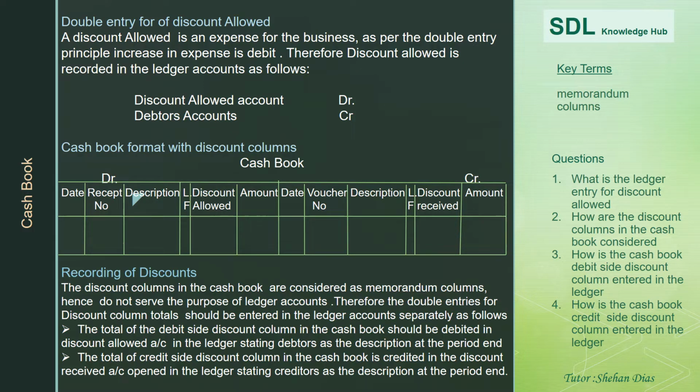The total of the debit side discount allowed column in the cash book should be debited to the discount allowed account, stating debtors as the description, and the date will be the end of the period. In the same way, the total of the credit side, that is the discount received column, should be credited to the discount received account, stating creditors, at the end of the period.